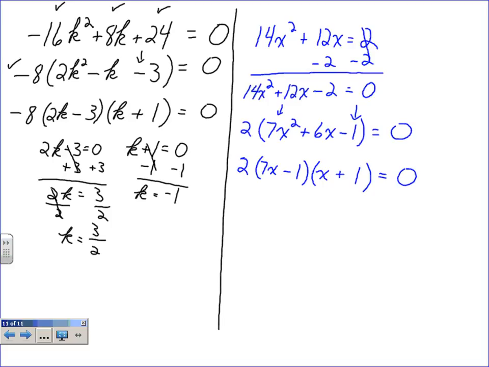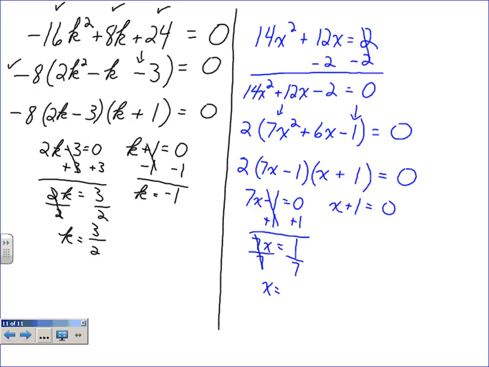Now let's solve for the x. Either 7x minus 1 has to equal 0, or x plus 1 has to equal 0. On this one, I'm going to add 1 to both sides. 7x equals 1. And then divide by 7.